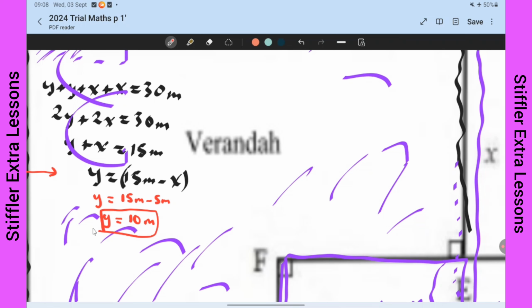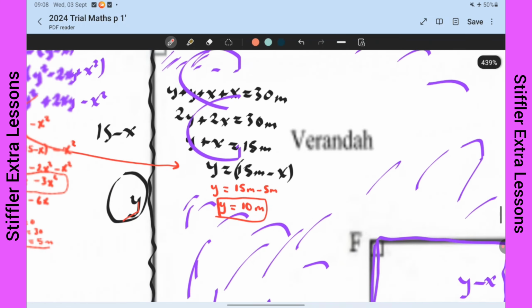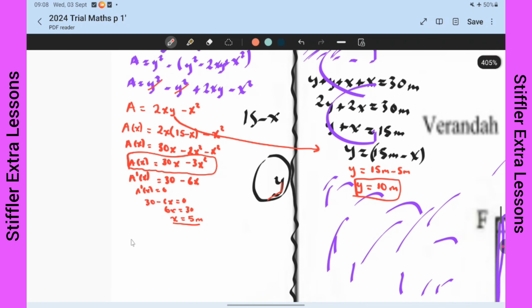So it means that for this to have the maximum area, our X must be equal to 5 and our Y must be equal to 10 meters. So our X is equal to 5 and our Y is equal to 10 meters. So that's what will happen for it to have the maximum area.